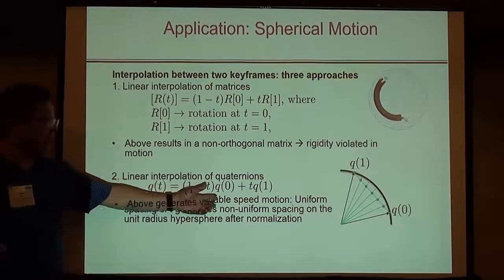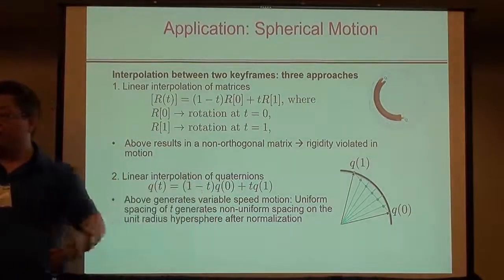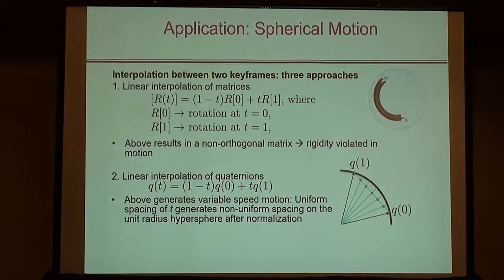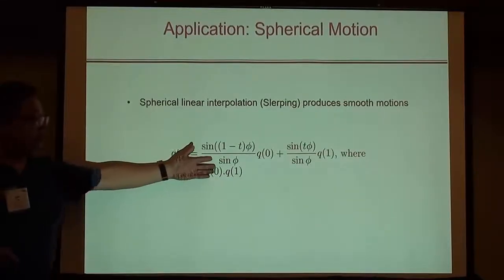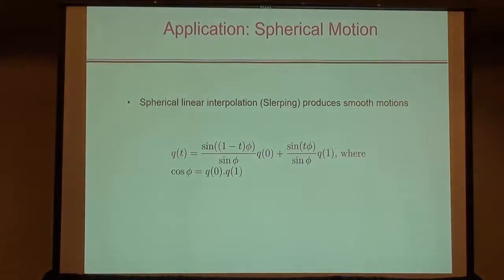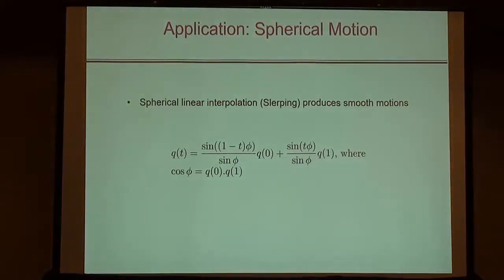Because this is in polynomial form, if you repeat them, you will get a polynomial of a higher degree. That's why you get a Bezier curve. But if you do spherical linear interpolation, mathematically it's not so nice. Yes, it does give you a smoother motion, but the computational cost is high. You don't have a nice mathematical representation of them.